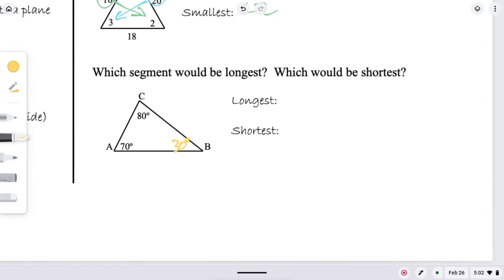You know it would need to be 30 degrees to add to 70 and 80 to make 180 total. So that is officially the smallest angle. So this side opposite that 30 is going to be my shortest side. AC would be my shortest side. Whereas obviously 80 is my largest angle, so the side opposite of that would be the longest.